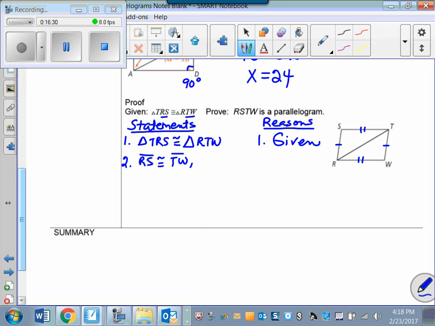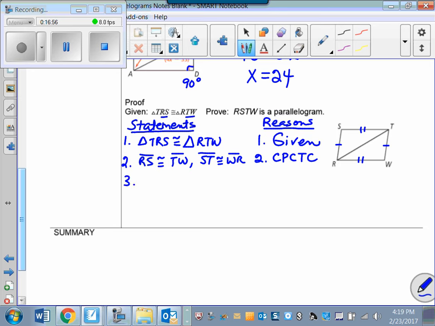And I also know that ST, and remember order does matter here when you're writing these congruent sides, ST is congruent to WR. And how do I know that? Because those are corresponding parts of congruent triangles, and I know that those kind of parts are congruent.